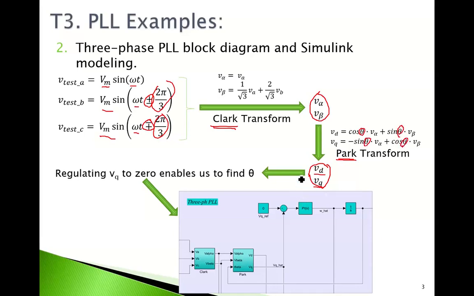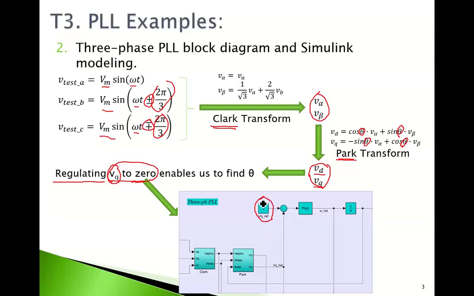So the idea to track, or say estimate, the position angle theta is, instead of regulating V2 in single phase, we are regulating VQ in three phase here to be 0. So here we are applying a similar closed loop control mechanism as we did in single phase PLL.